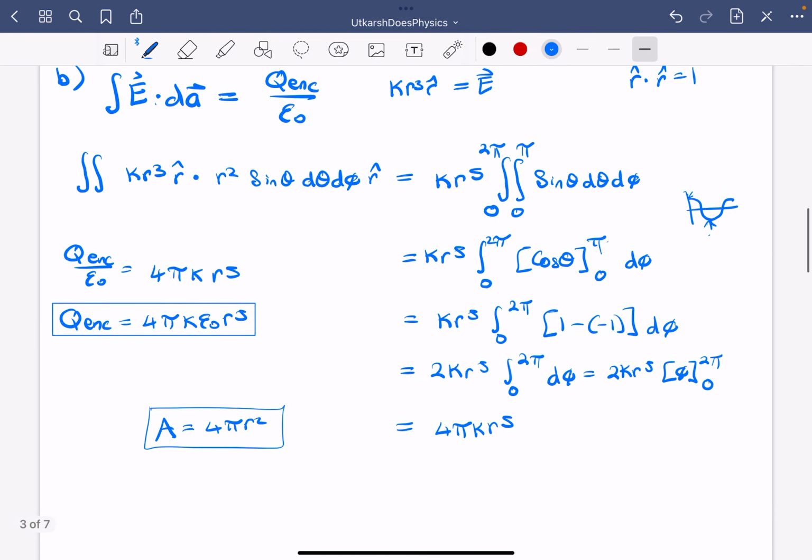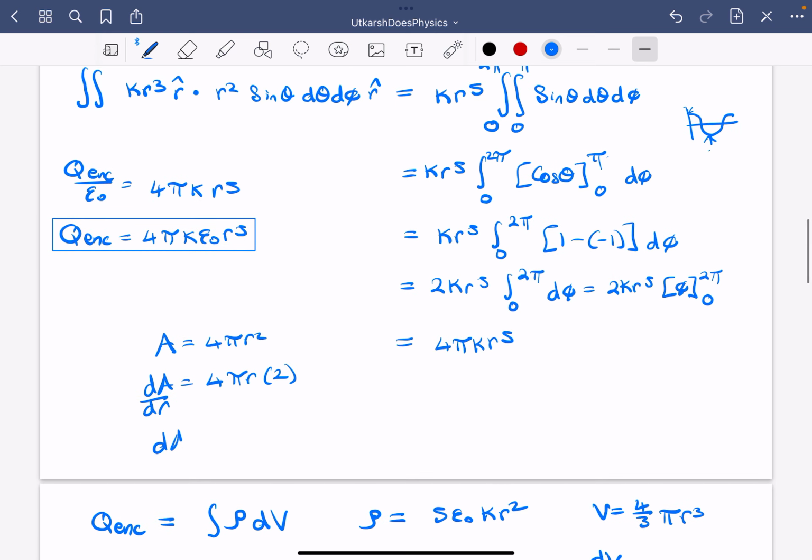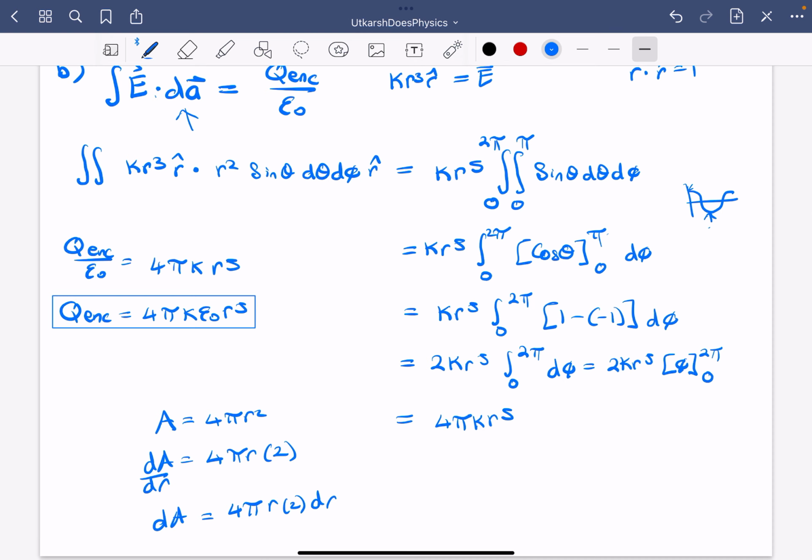One thing to note is that if you are doing it this way for the first question, if you haven't learned integration yet, then you'll have to find dA, which is the derivative of the area with respect to r, dA over dr, which is equal to 4 pi r times 2. Then you substitute that into this equation.